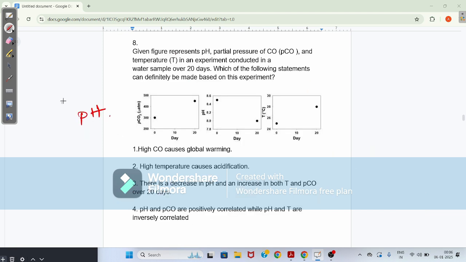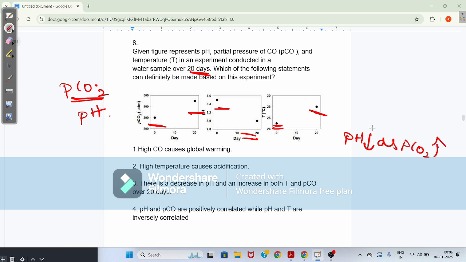The pH value of water and PCO2, that is the carbonic acid. This is for carbonic acid here. Now the graph is represented for 20 days. As per the graph, what you can assume from these dots is that the pH value decreases as carbonic acid increases.